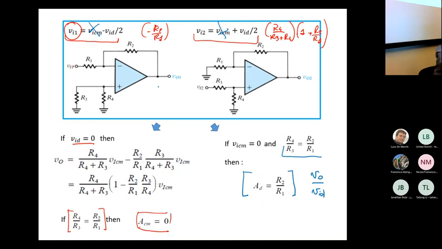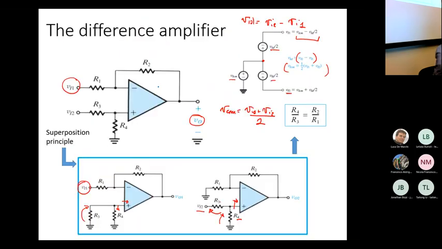So this configuration here is very interesting because basically it cancels out all the common mode effects and amplifies just the differential effects. Okay, so with this configuration, difference amplifier, you achieve this goal.